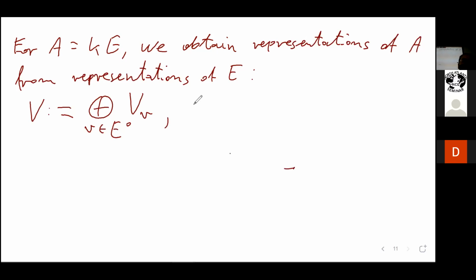And now my representation, in order to define it, it suffices that I do it on basis elements. And basis elements, remember, are these chi p's. So rho of chi p must now be an endomorphism of my vector space V. So now I take an x in my vector space V, and I'm telling you what the result is.